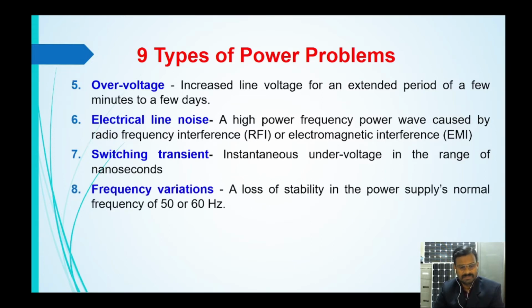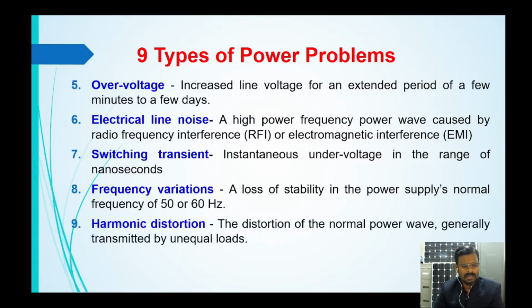Frequency variations: the standard frequency of 50 or 60 Hz should be maintained for the loads. Changes in the frequency, either above or below, could also cause problems to the system. Harmonic distortions are mainly because of the power electronic devices which we use in our day-to-day life. This is another major problem.